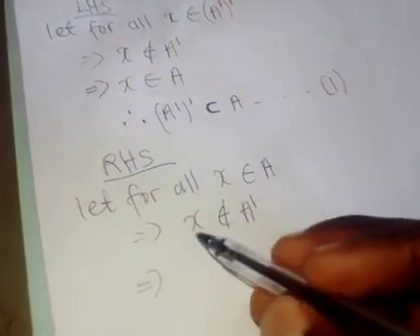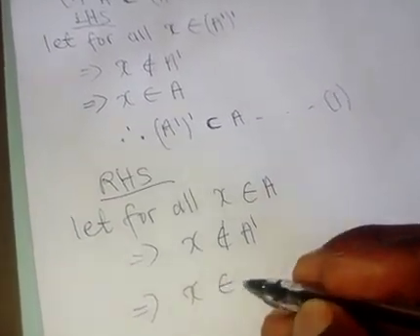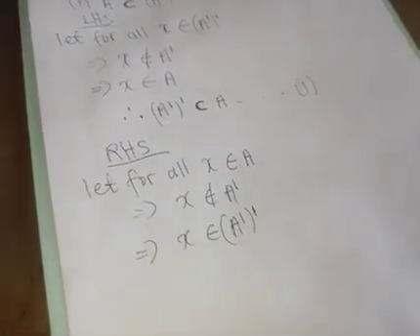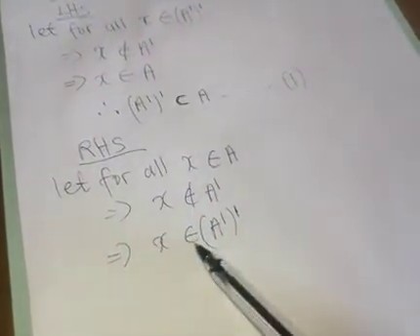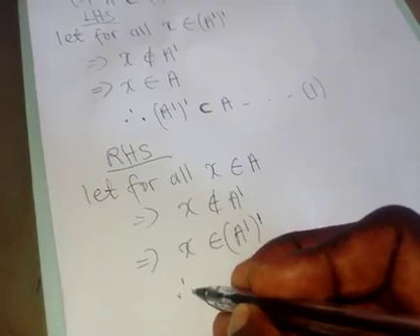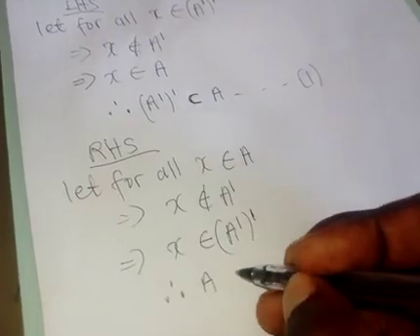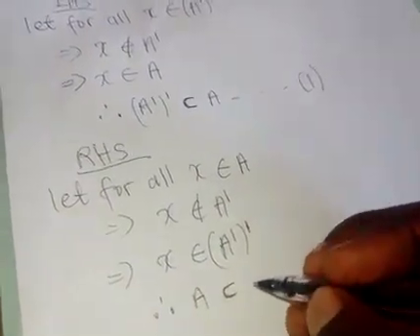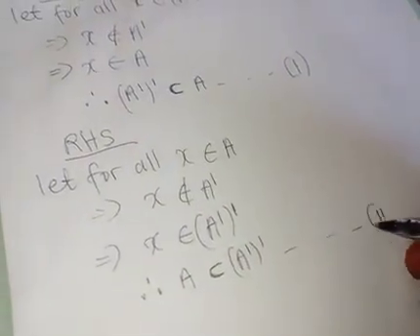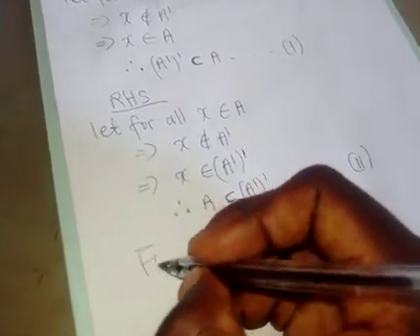And if x is not a member of A complement, it simply means that x is a member of (A complement) complement. At this point, we can say therefore, meaning we have proven the next statement: A is a subset of (A complement) complement. Second statement.